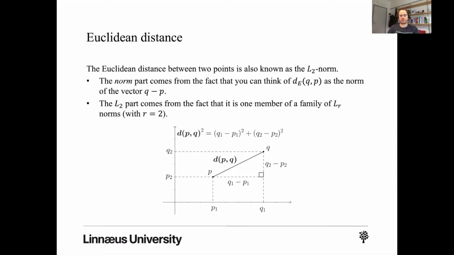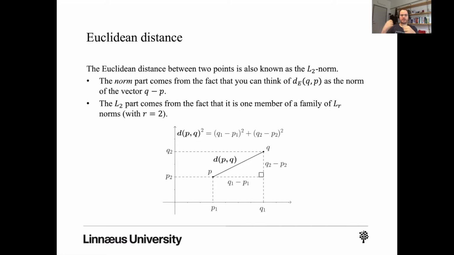And the reason why we call it the L2 norm, the norm part, comes from the fact that when you think about the distance between two vectors, whatever dimensions they are, you can think of this Euclidean distance as being the norm of the vector q minus p. I'm using q minus p here just to match the letters in the figure. So the distance between q and p, which are two vectors, is the same as the norm of the vector q minus p.